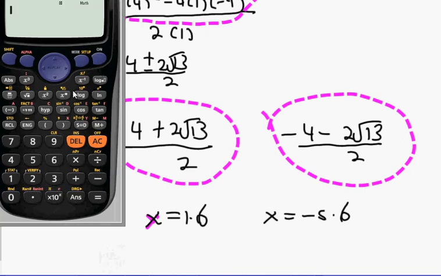If you go to your table function again, and if everybody wants to try this with me. Ready? Alpha x squared plus 4x minus 9. Okay?